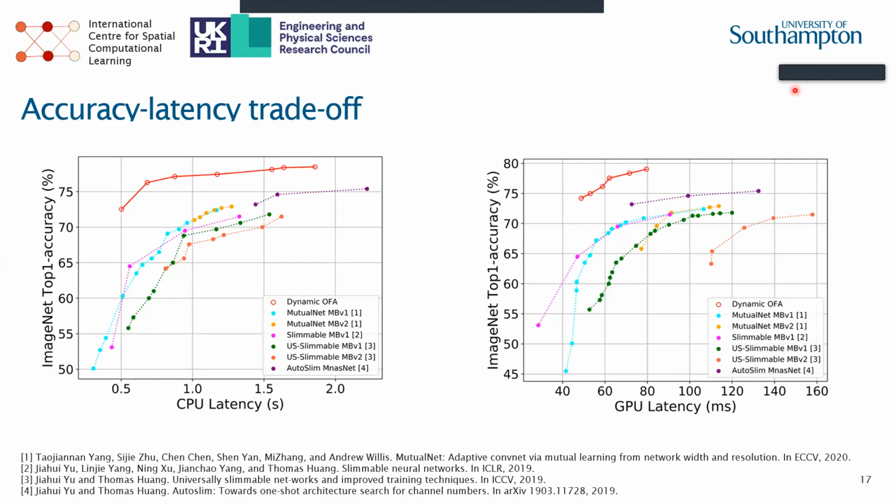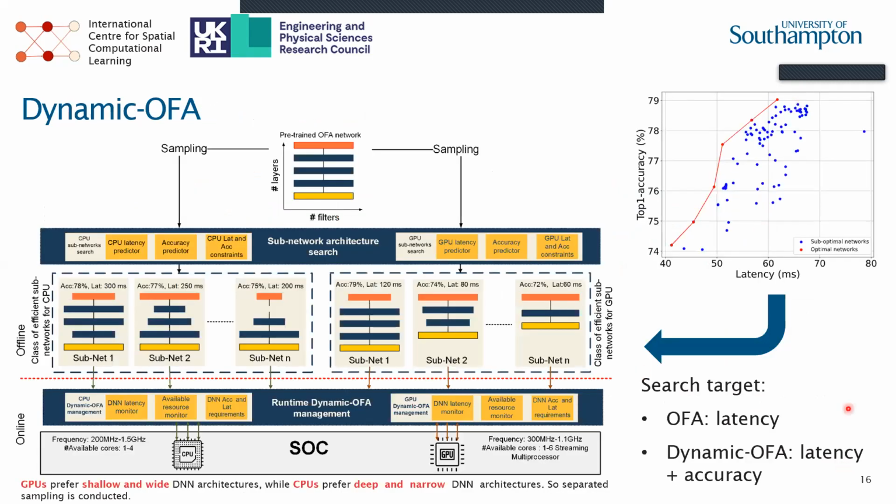Of course, you can use OFA without any fine tuning, but the search algorithm is still a problem, right? Because if you only search under a latency constraint and in the full search space, which is 10 to the power of 19, including all the configurations of kernel, layer, channel, and input resolution, then what we found is that the search tends to find easy models in this low accuracy region.